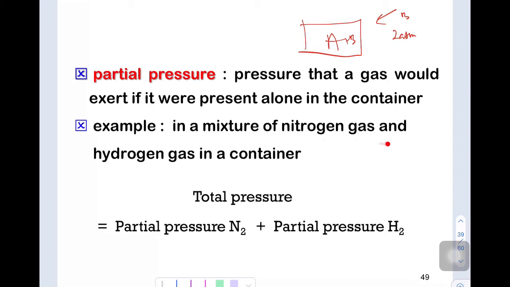If you have a mixture of nitrogen and hydrogen gas in the container, the total pressure in this container will be equal to the partial pressure of the nitrogen gas plus the partial pressure of the hydrogen gas.